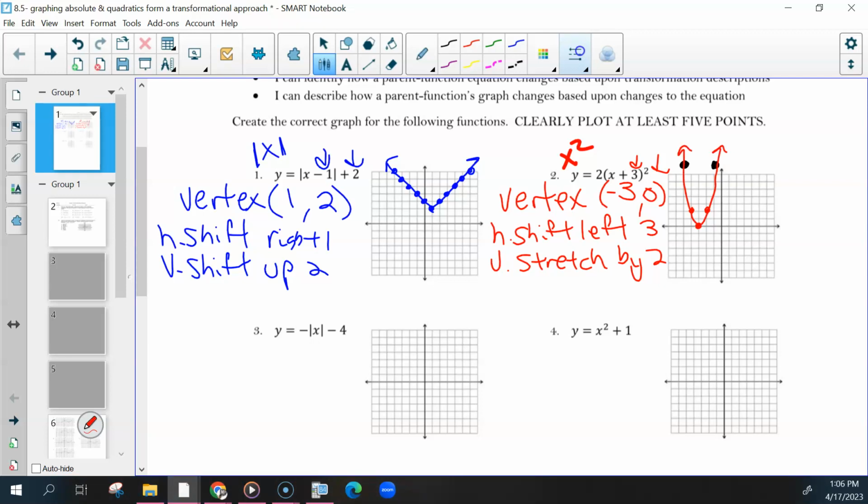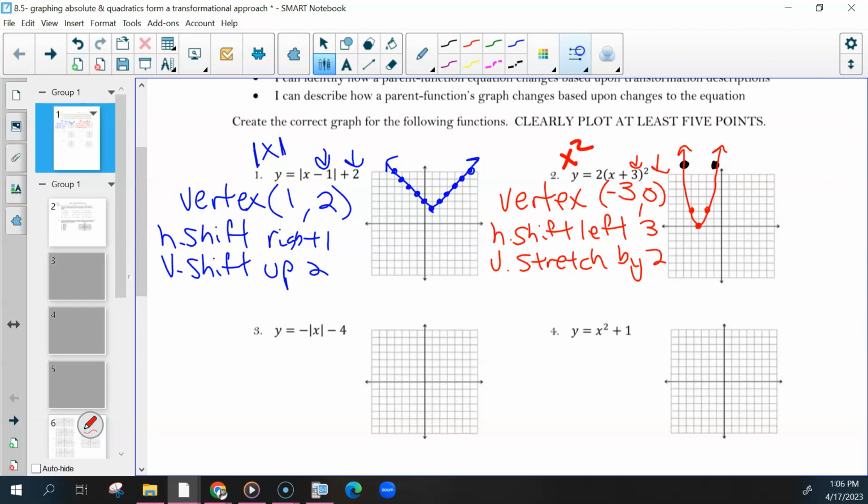It looks something like that. So right 1 up 2, left 1 up 2. So we can see it's vertically stretching, or stretching towards the y-axis.